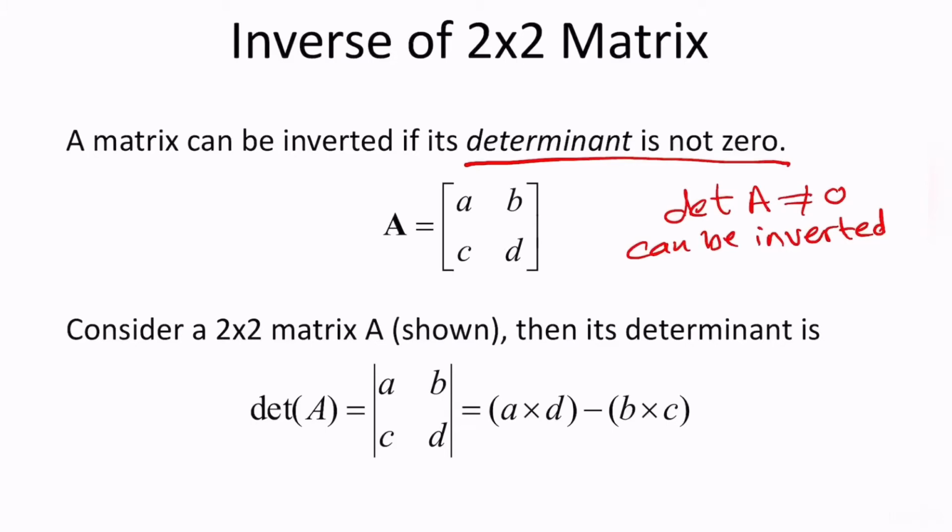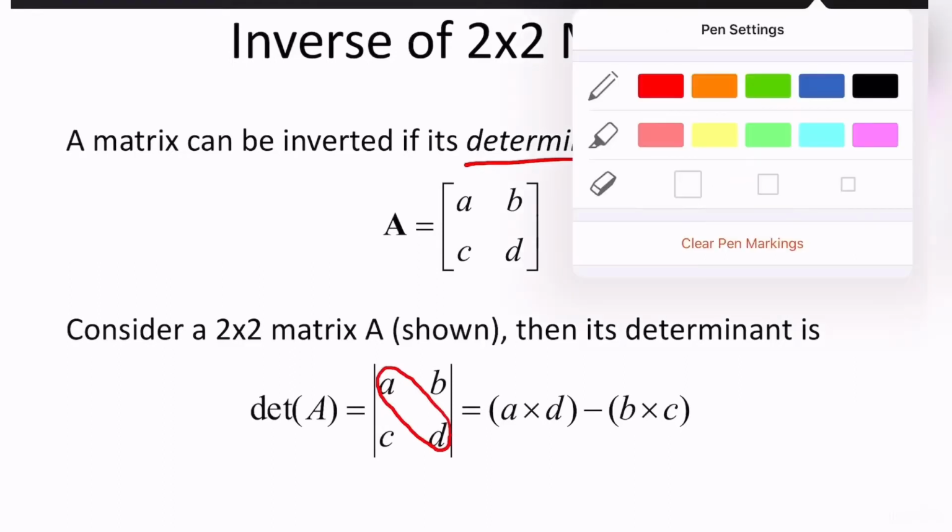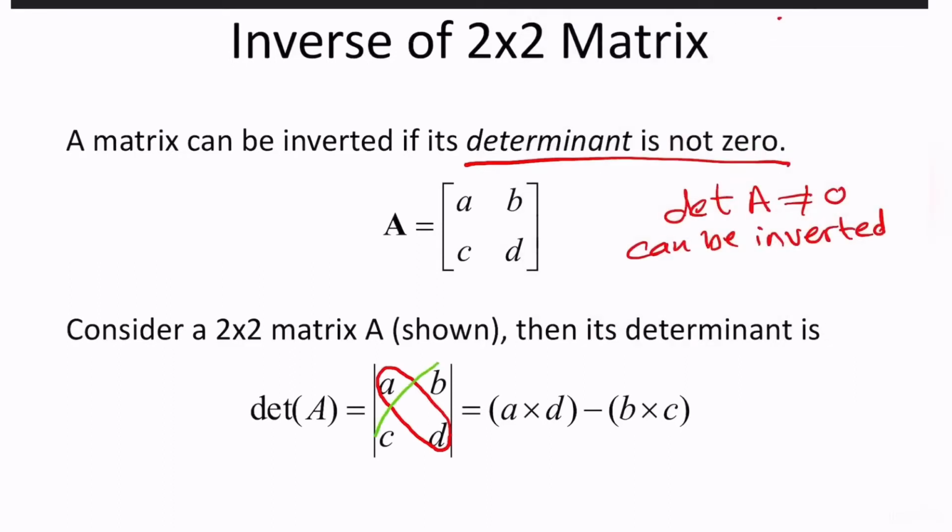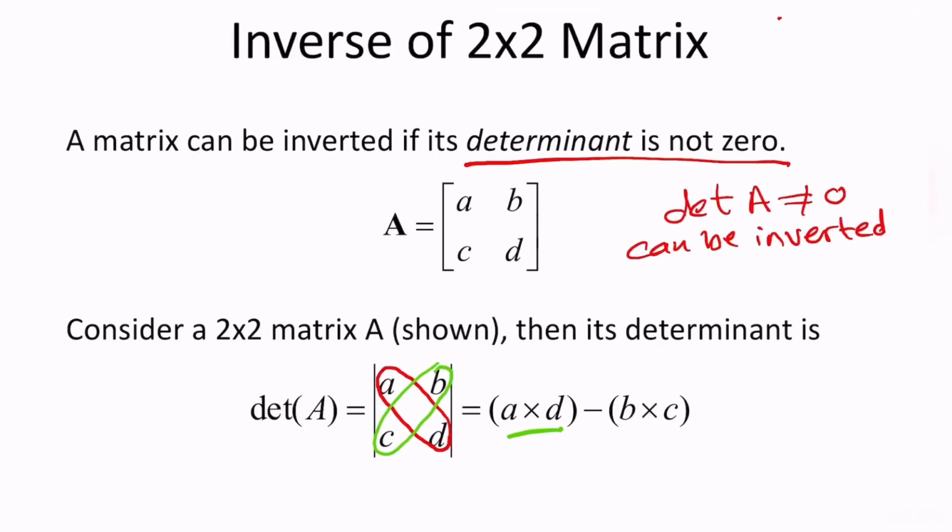The determinant is the product of this diagonal, so it's A times D, minus the product of the other diagonal, which is B times C. So the determinant of A is A times D minus B times C. If the value of this determinant is 0, we cannot find the inverse for that matrix.